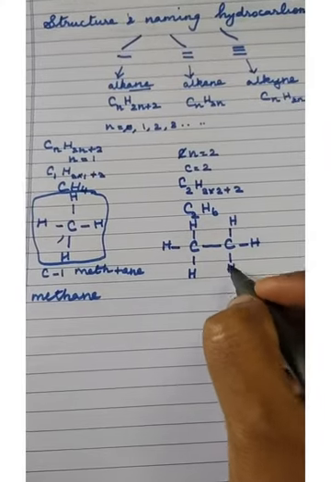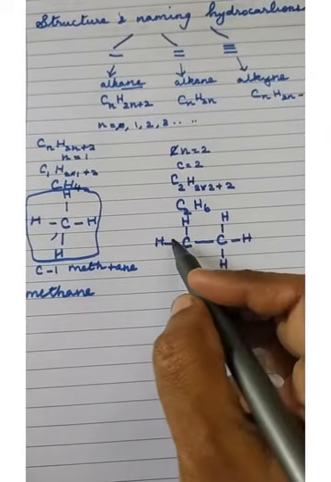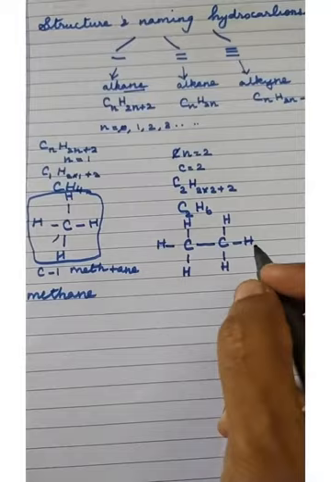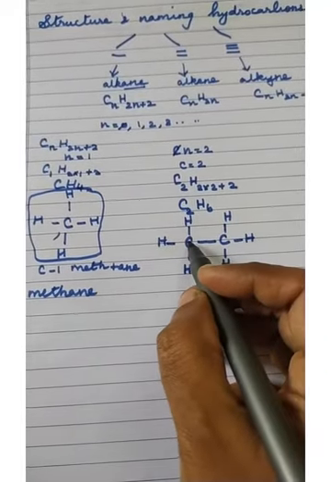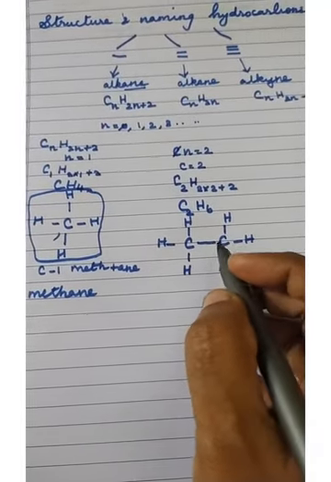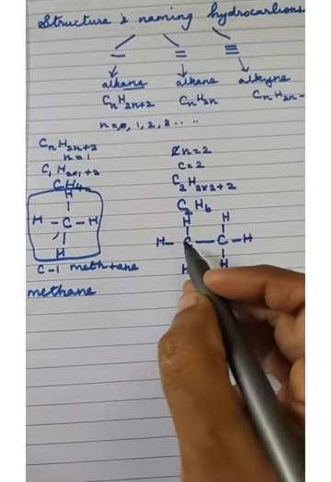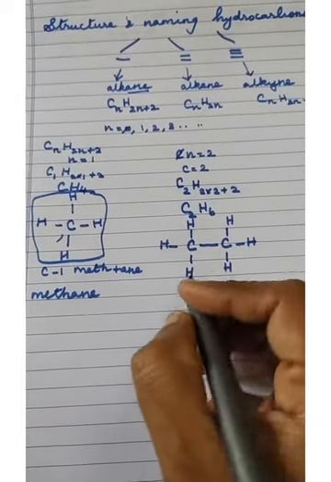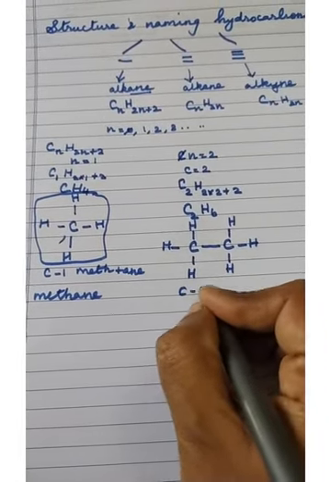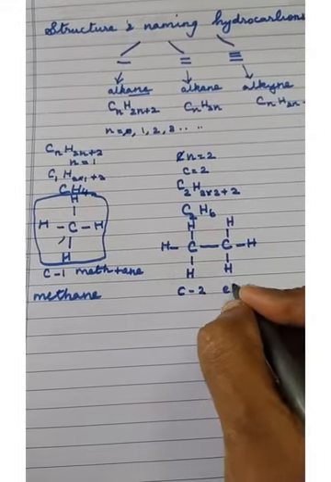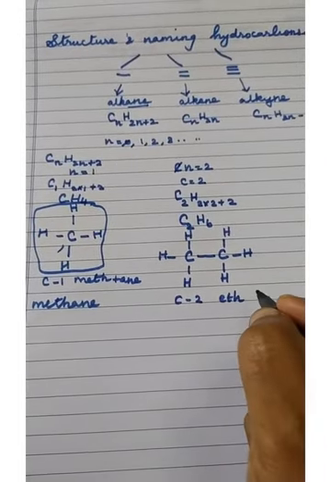Here you can check that in all positions we have only single bond. There is no double bond here. Between carbon and carbon we have only single bond. And here how many carbons do we have? 2. So if C equals 2, it starts with eth.